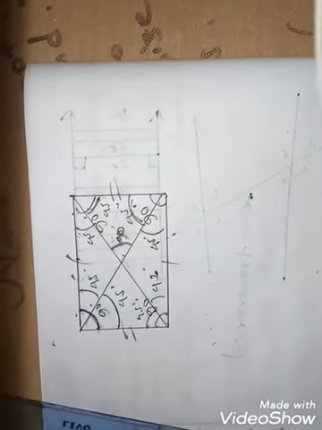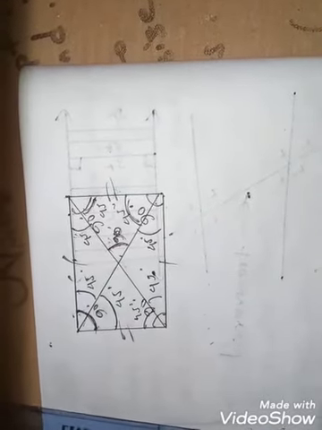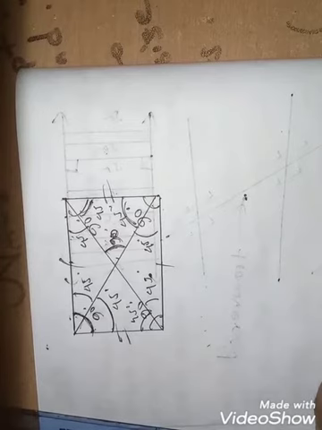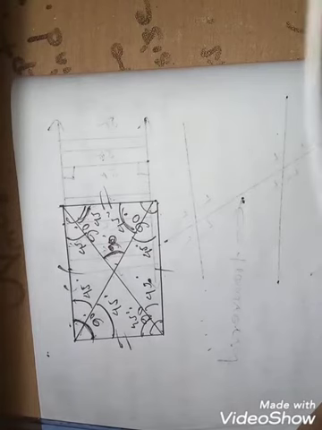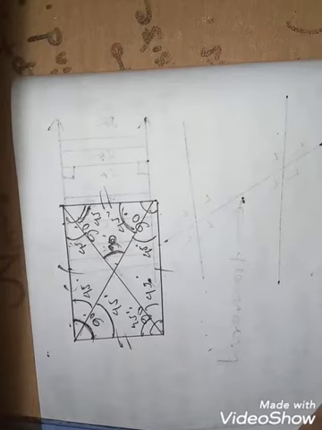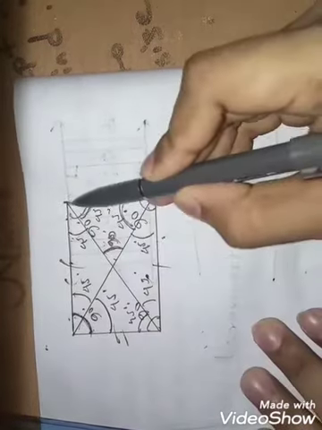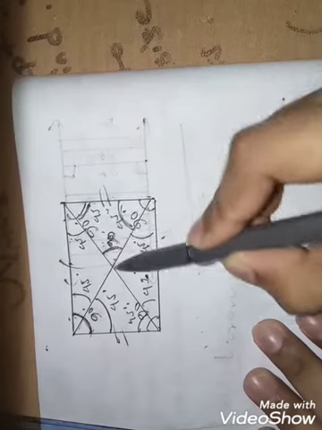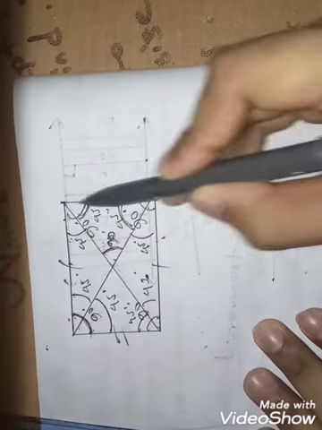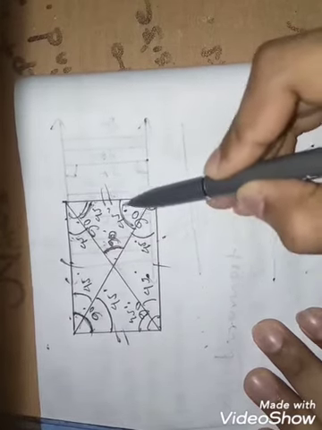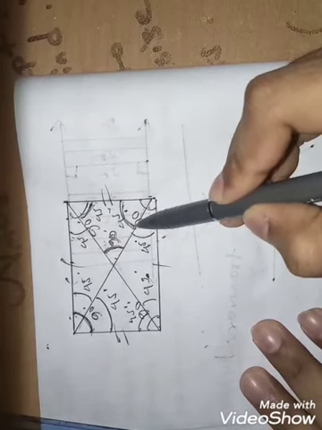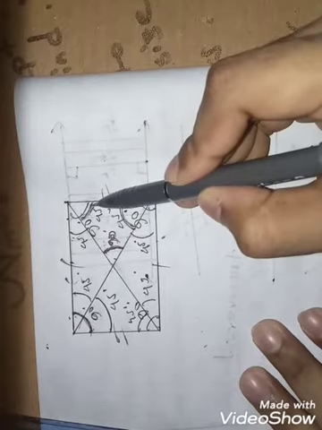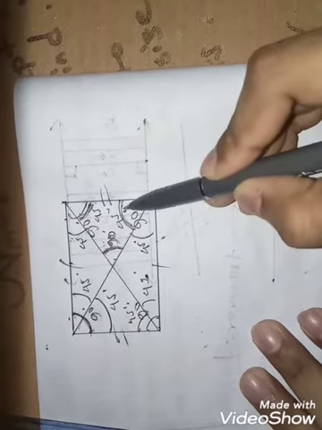Since the total internal angle of a triangle is 180 degrees, in this triangle, this angle plus this angle is 45 plus 45.